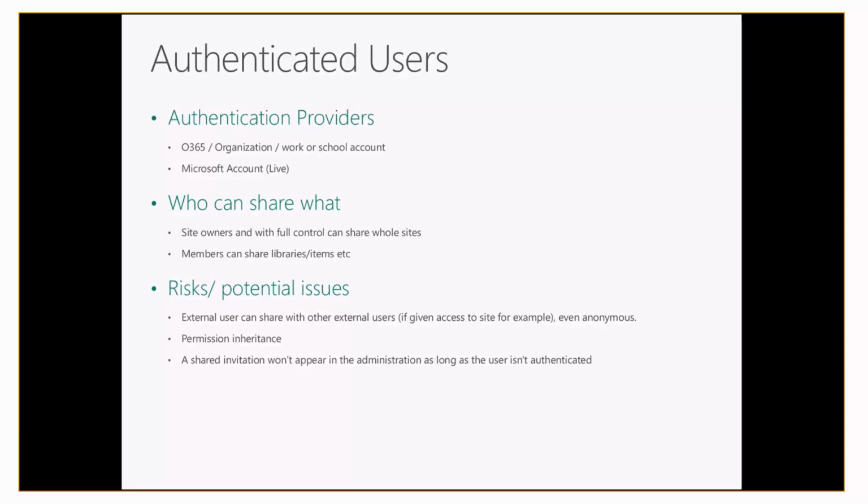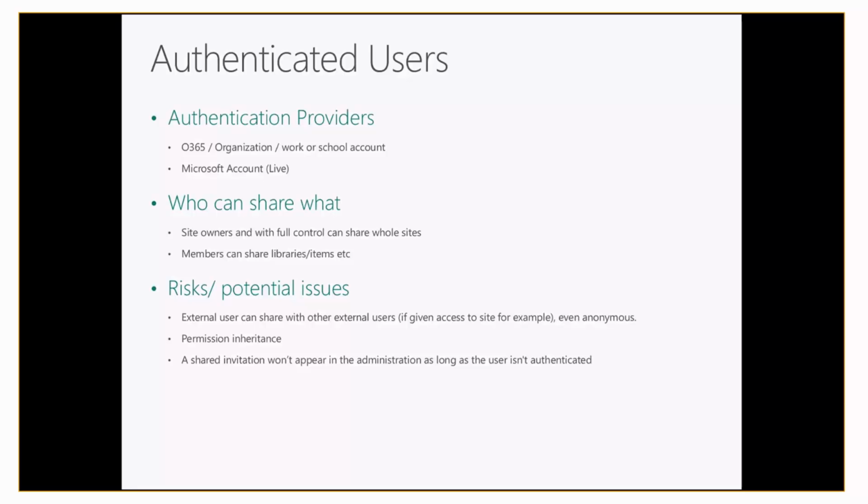So, for example, you're sharing something with John at contoso.com, and Contoso.com has an Office 365 account, and you exist on some other domain, for example, Microsoft.com, and you want to share with an external user that already has an Office 365 account. This is basically what this type of external user is: someone that exists on Office 365 on another tenant.